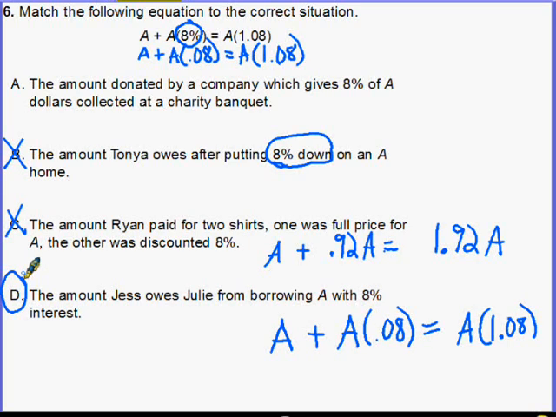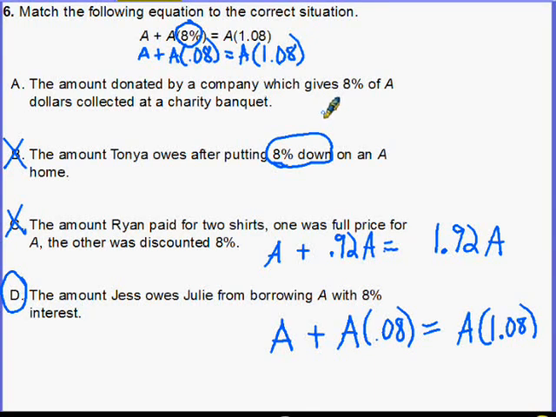Our answer is D. I want to hop back up to option A, because option A I would think is the one that is most likely going to give people some issues. It says the amount donated by a company which gives 8% of A dollars collected at a charity. Alright?